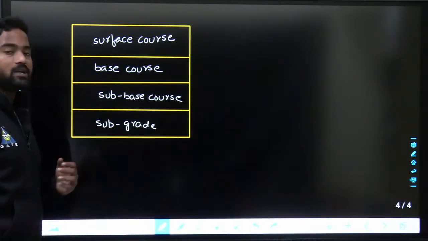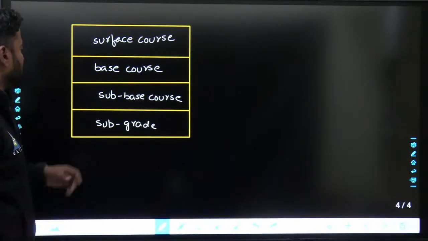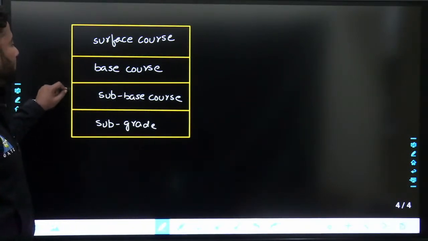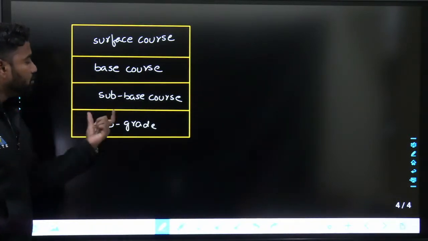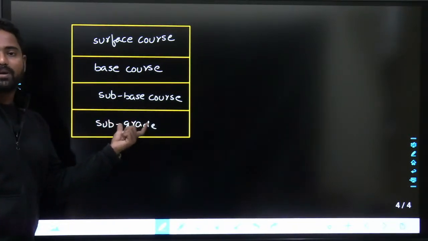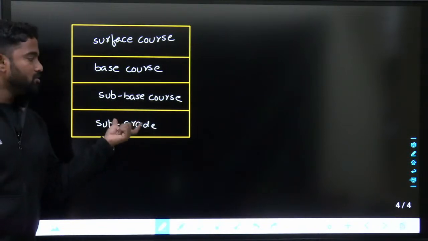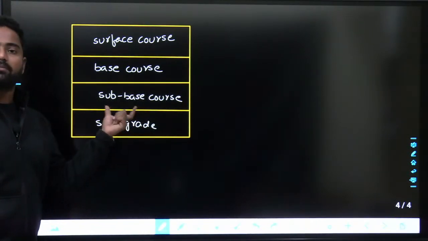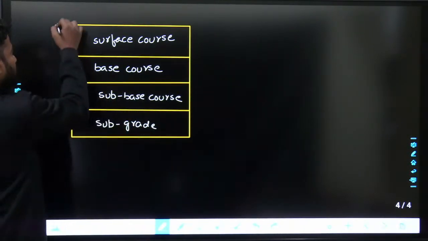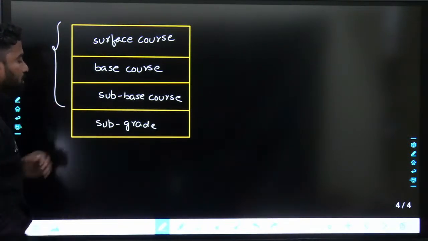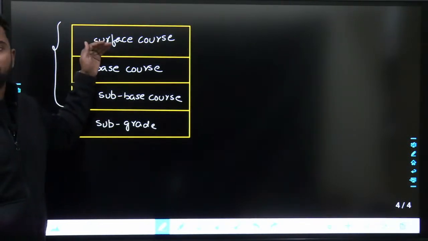So what exactly you have to do is find out the quality, that is group index, of the subgrade. Based on group index of the subgrade, meaning indirectly soil, you will find out the thickness. You will provide the thickness for the layers above this.